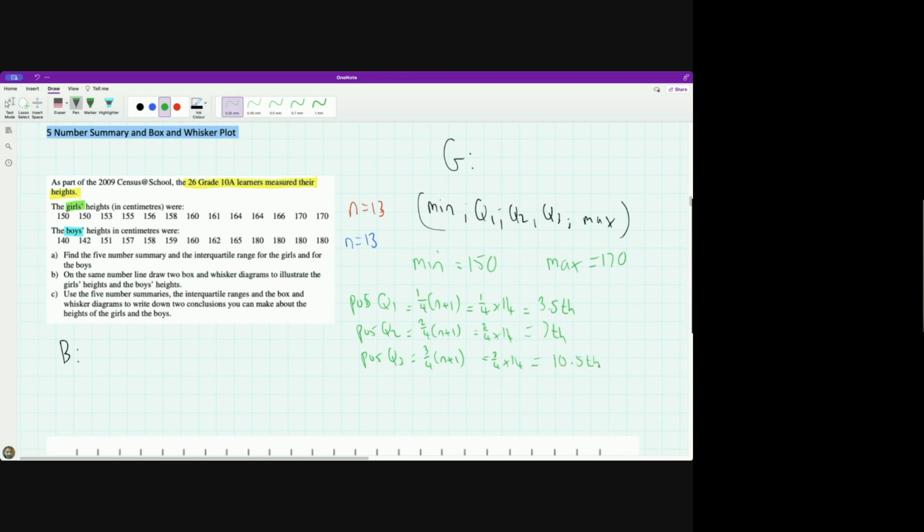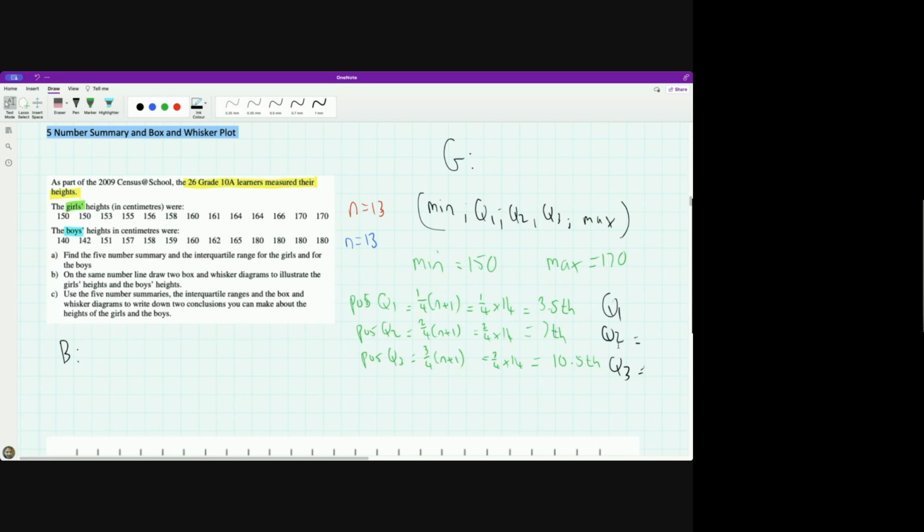Now remember, with the quartiles, you do not round off. You average between the two nearest values. So when you work out what Q1, Q2 and Q3 are, Q2 is a perfect one, it falls on the value. But for the other two, you're going to have to average between the two nearest.